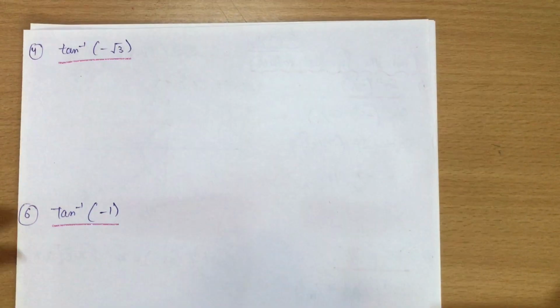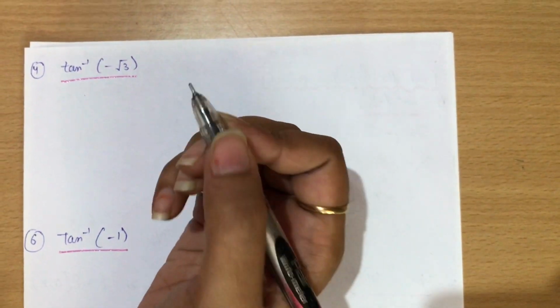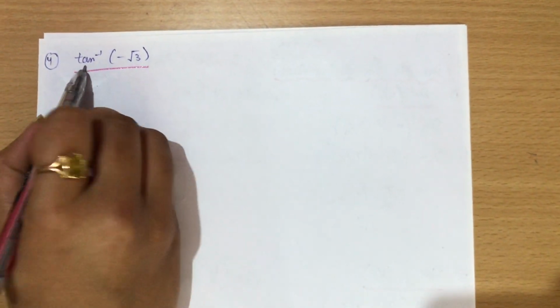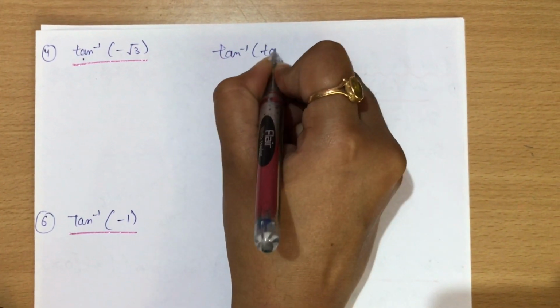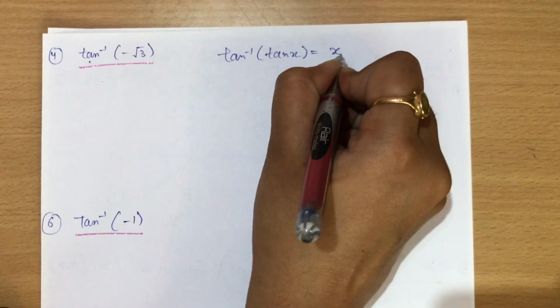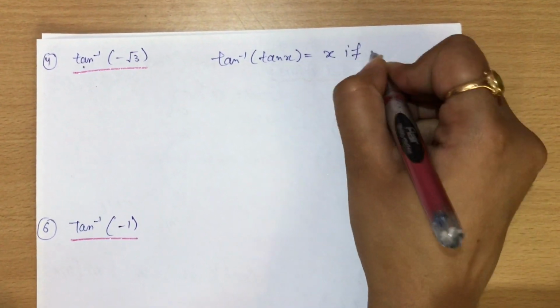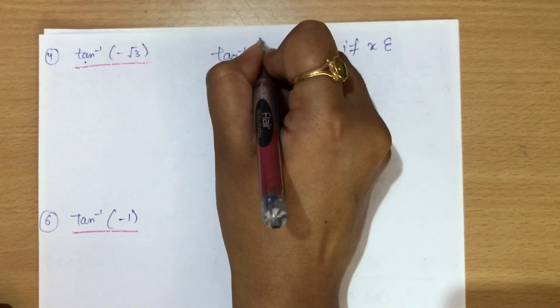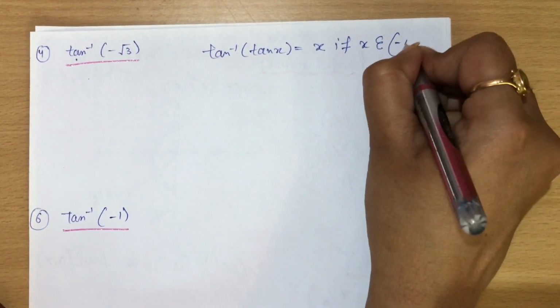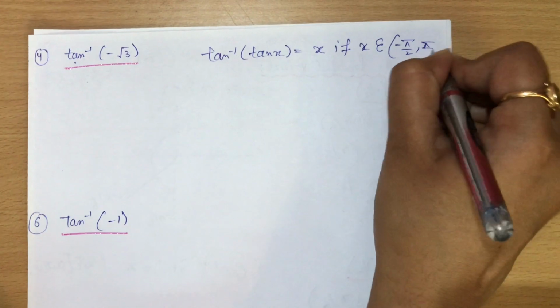Okay, question number 4 is tan inverse of minus root 3. Again students, you have to replace this value in terms of tan, because tan inverse tan of x is equal to x if x belongs to the principal range of tan inverse, and the principal range of tan inverse is minus pi by 2 to pi by 2.